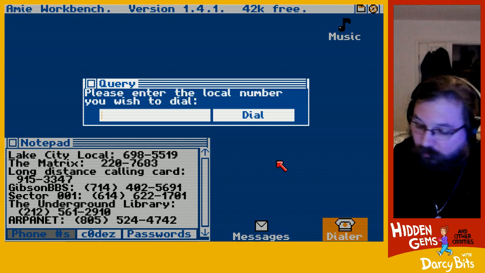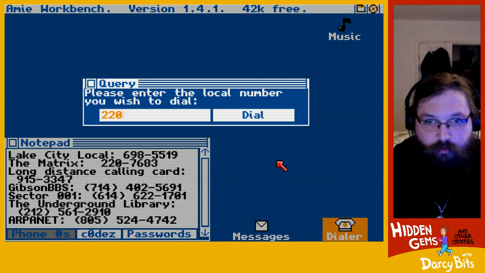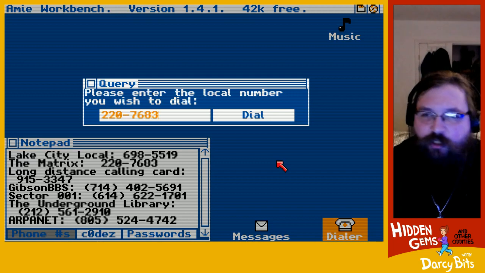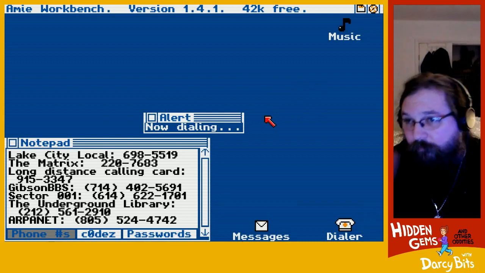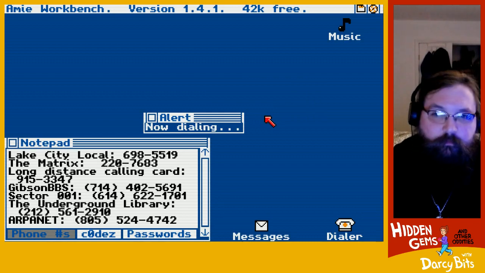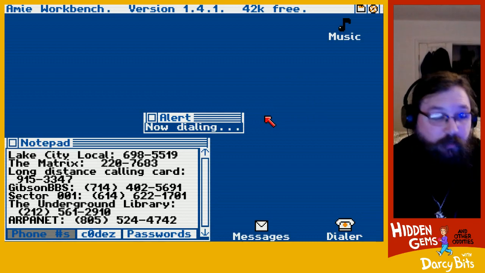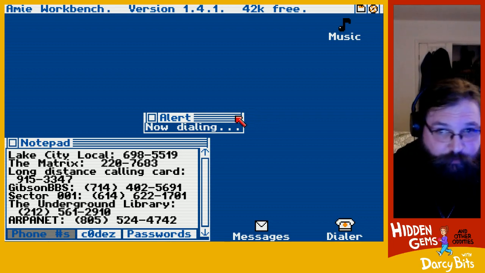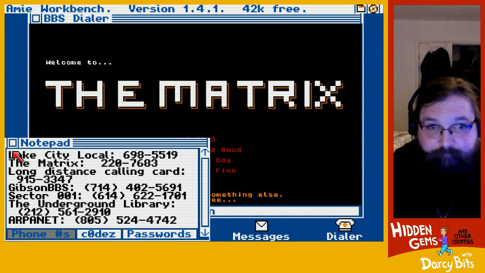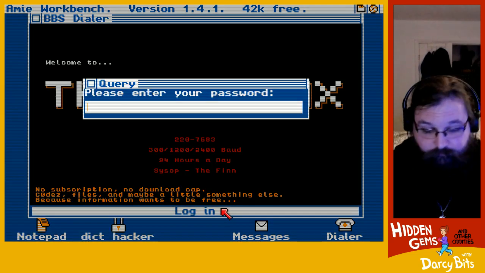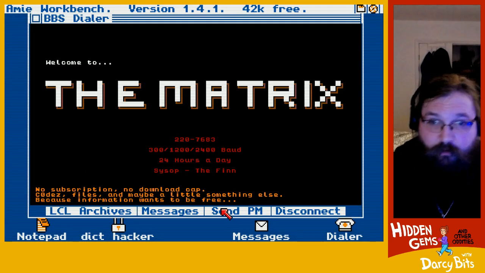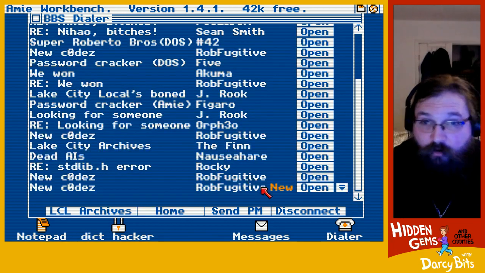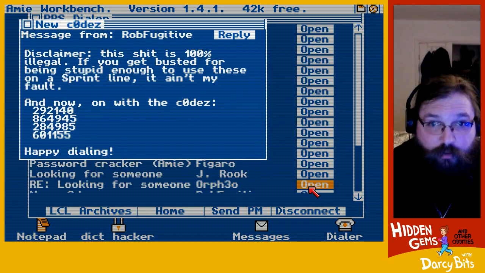Okay. 220-7683. That's not so surprising. I was only given 2 codes. But yeah, let's just try the dictionary hacker. You know, it seems ridiculous that a brute force would work, but I have the hacker and I haven't tried it, so might as well.